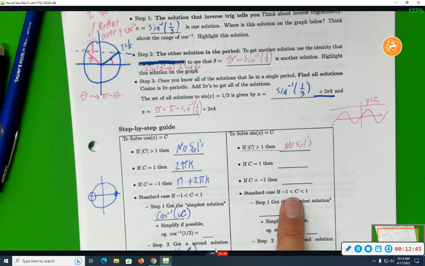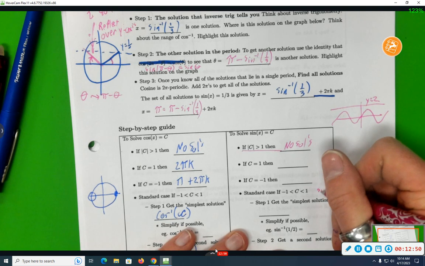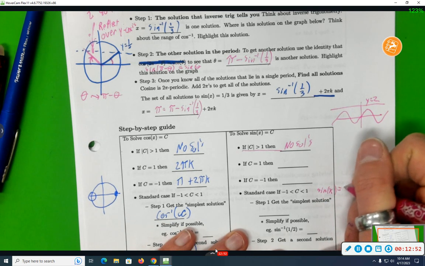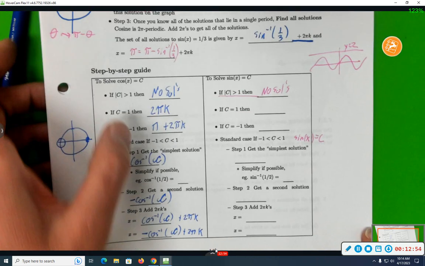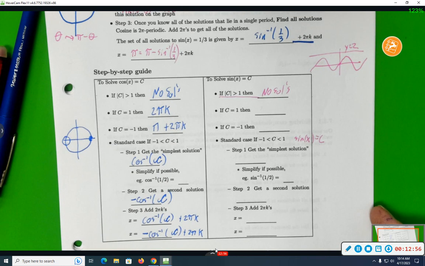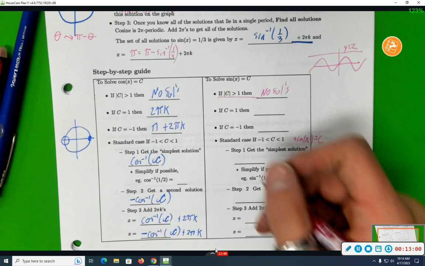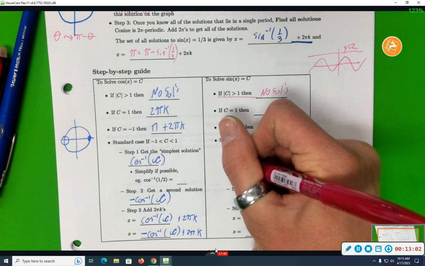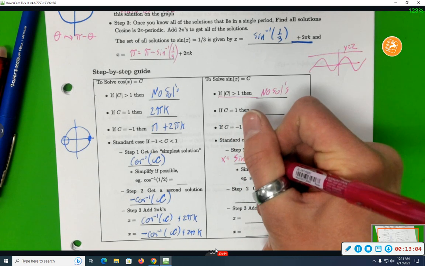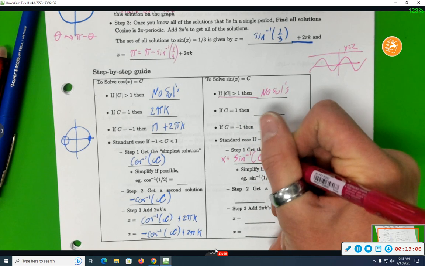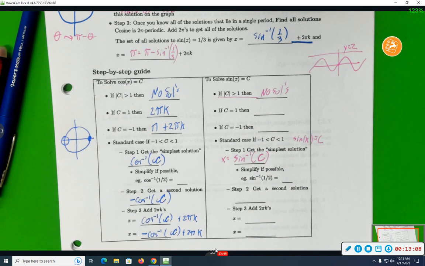Let's go to the standard case. If I just give you a number between -1 and 1 and ask you to solve sine of x equals c, because remember that's all that this table is about. Step 1, get the simplest solution. The simplest solution is the one that comes from inverse sine. The simplest solution is just x equals the inverse sine of whatever the number is.